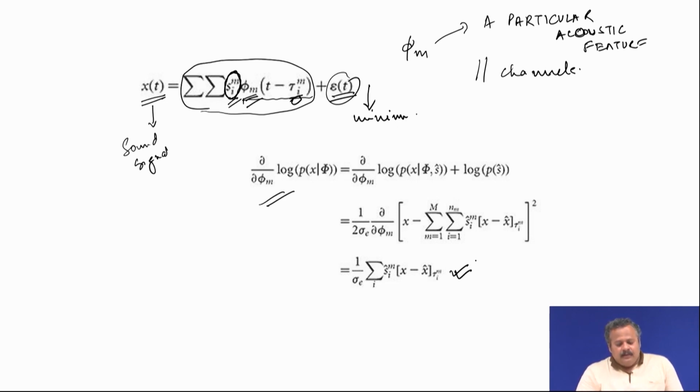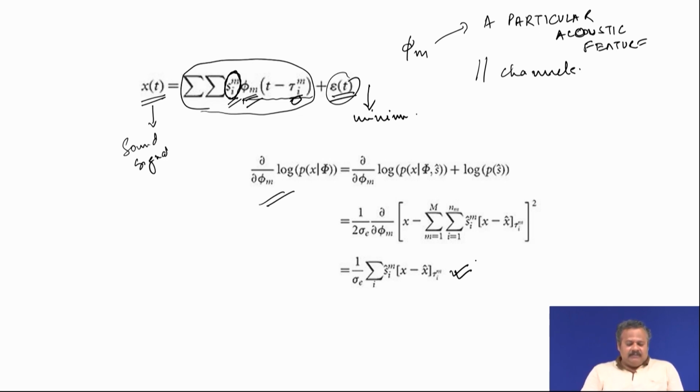By using this gradient with appropriate learning steps, they used different types of data sets to see what the optimal phi m's are that efficiently encode the auditory signals.